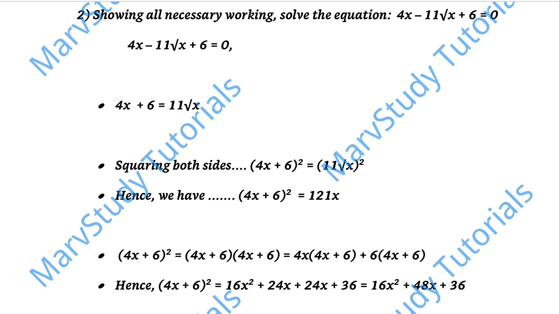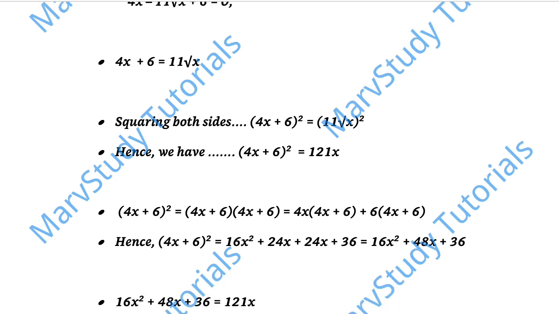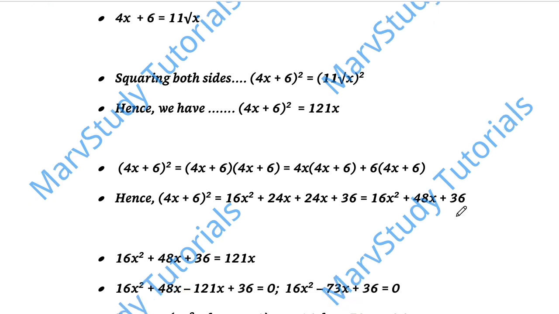Remember that (4x + 6) all squared was equal to 121x, so we're going to have this. So we could take that 121x to the left-hand side of the equation, and then we're going to have 16x squared + 48x - 121x + 36 equal to 0. And 48 - 121 is -73.